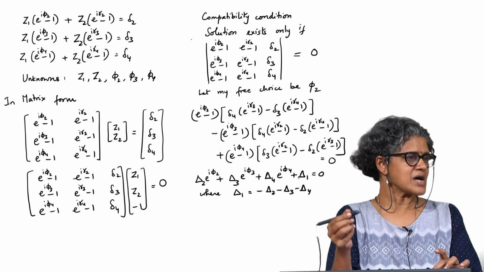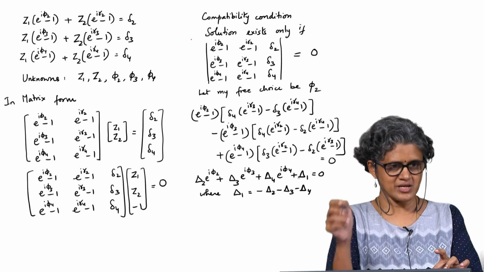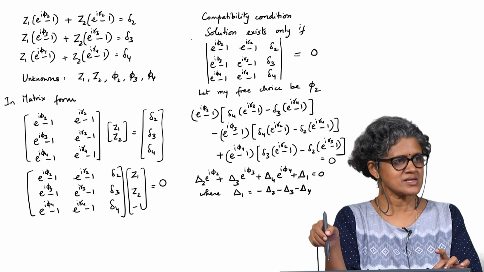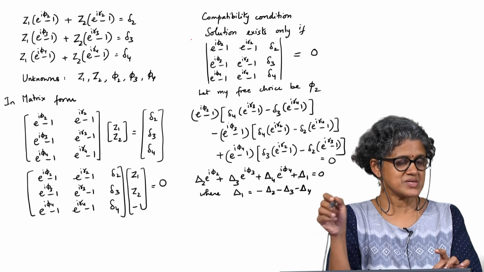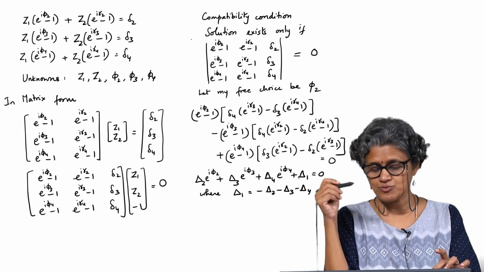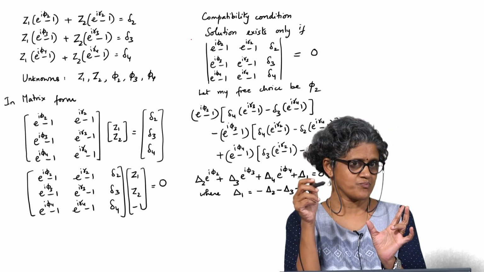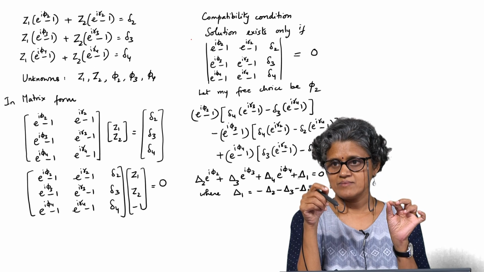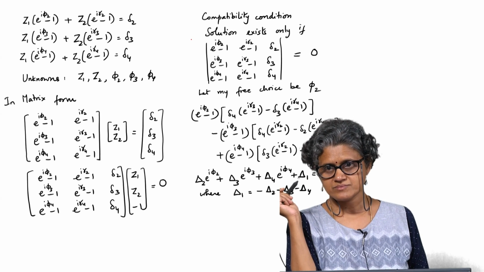Now, I can't choose arbitrary phi 2 and phi 3, I can choose phi 2 and phi 3 such that it satisfies that compatibility condition, which means essentially solving for that 4 bar. So, specific combinations will give me solutions for this.